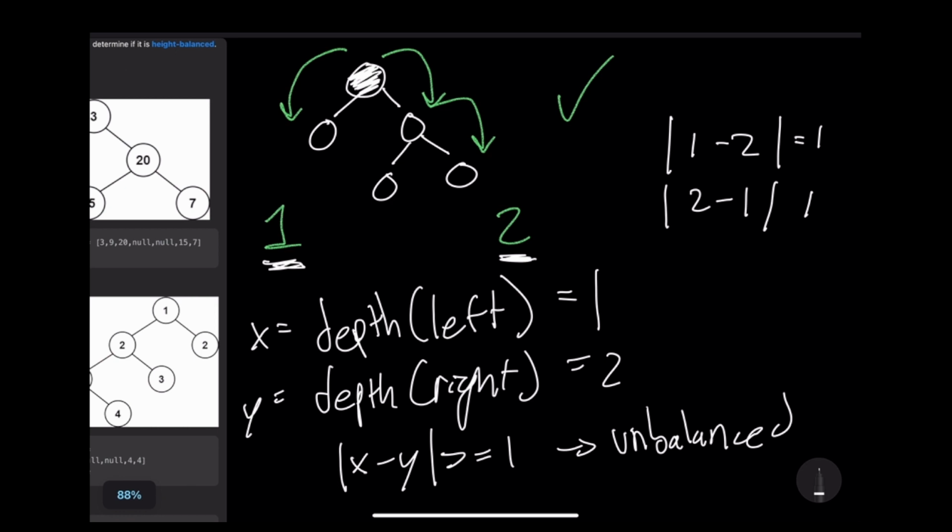And if it equals 0 or 1, that's balanced and that's okay. But if it's greater than 1, so I don't need the equal to sign here, then that's unbalanced. And so that's the case that we're interested in looking at. So this seems like we take the depth and then subtract them. I'm going to go with that solution and see if we can get that to work.